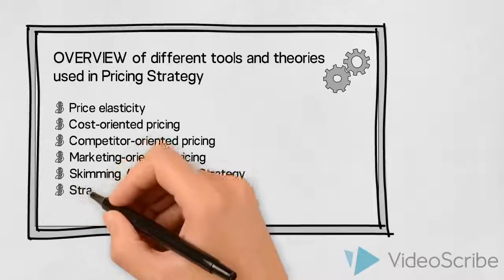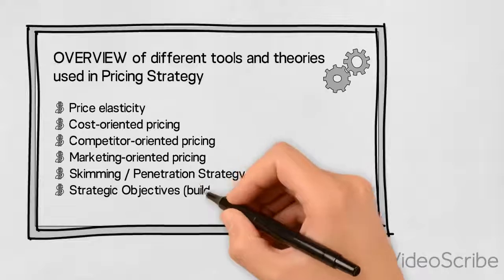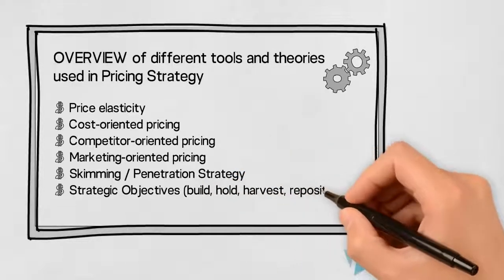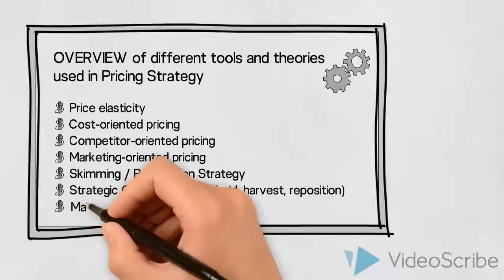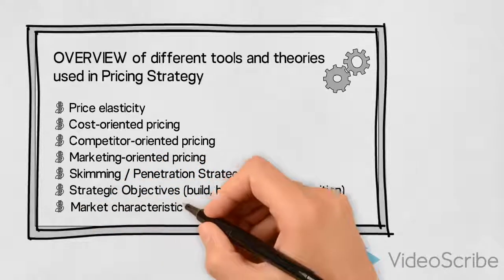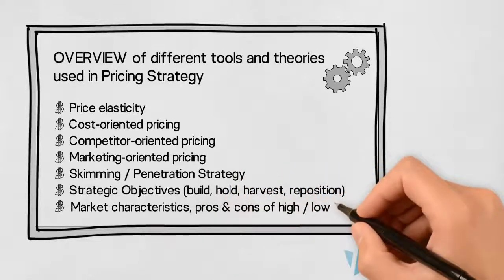We can also consider our strategic objectives, whether we want to build, hold, harvest, or perhaps reposition a product has an impact on the price level we will choose. Finally, we can also look at some general market characteristics, some different conditions, and pros and cons of charging a high or a low price.